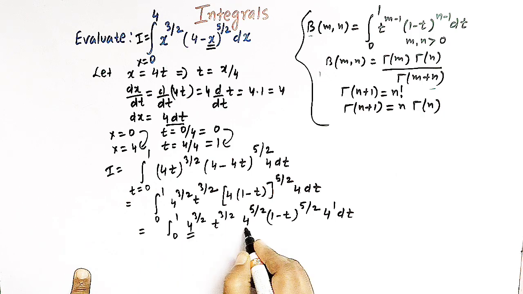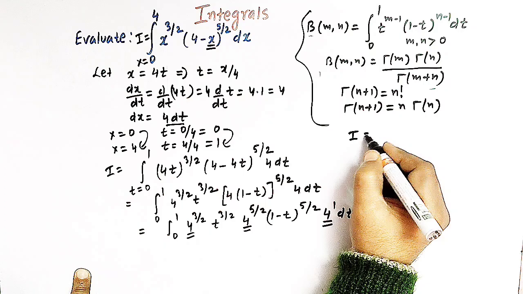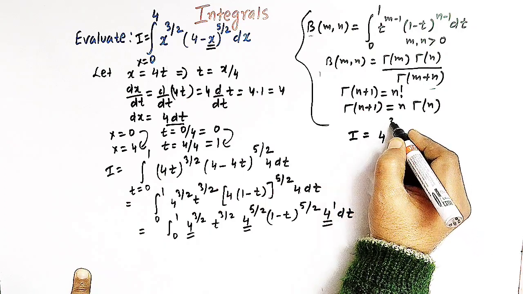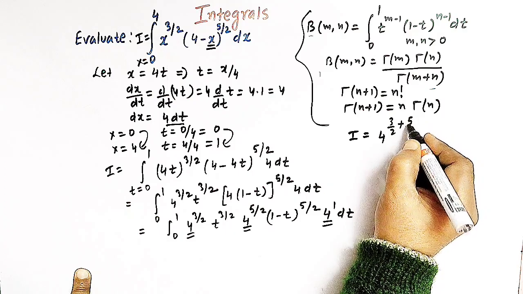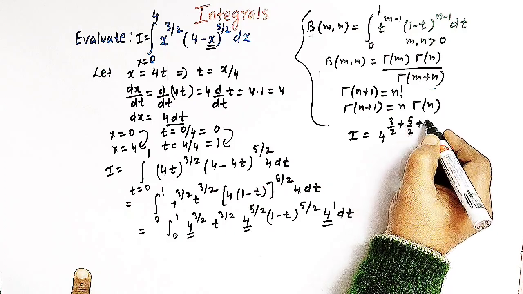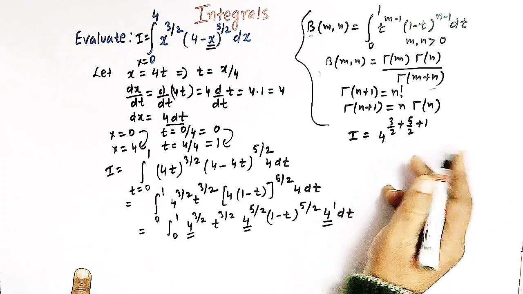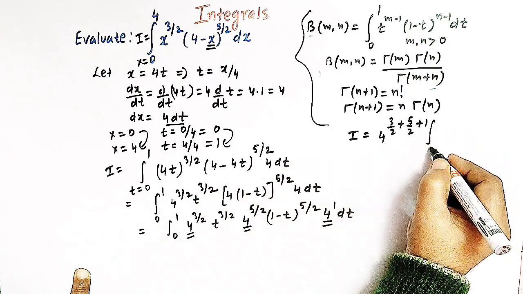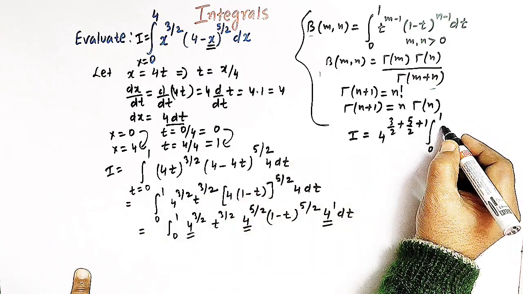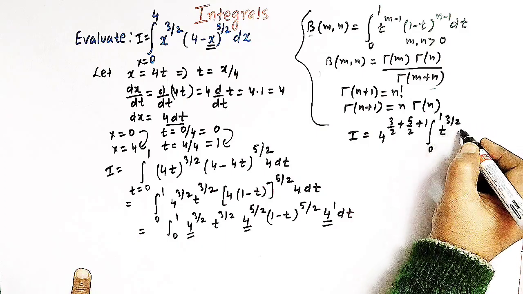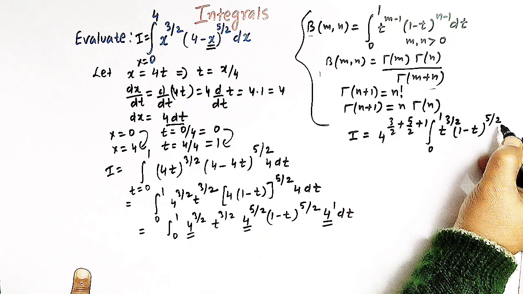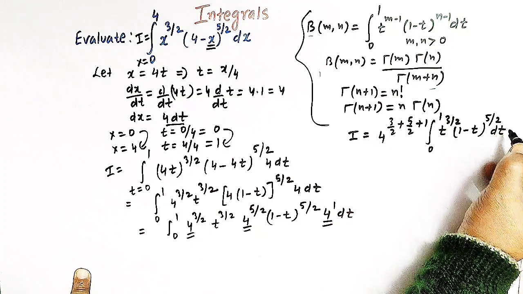So now let us first collect these 4's, right? So we have I is equal to 4 raised to 3 by 2 plus 5 by 2 plus 1, taking this term outside the integral, and then we have integral from 0 to 1, t raised to 3 by 2, 1 minus t raised to 5 over 2, dt.